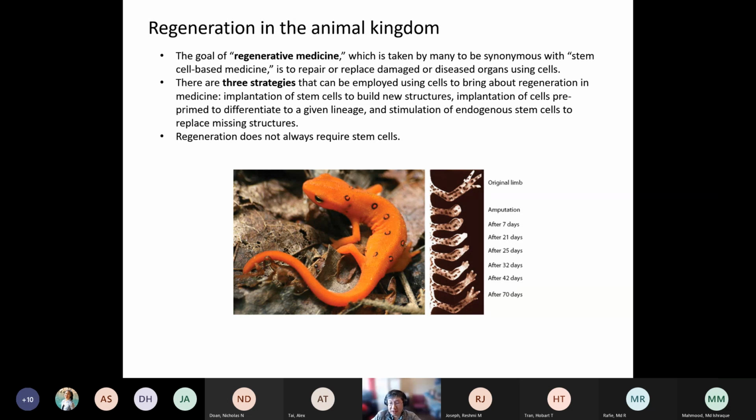Some are pluripotent, some are multipotent, and unipotent. If they're multipotent, they can differentiate into many different cells. In a disease setting, you may not want the cells to differentiate toward all the cell types that the stem cell is capable of. It may not give the advantage.